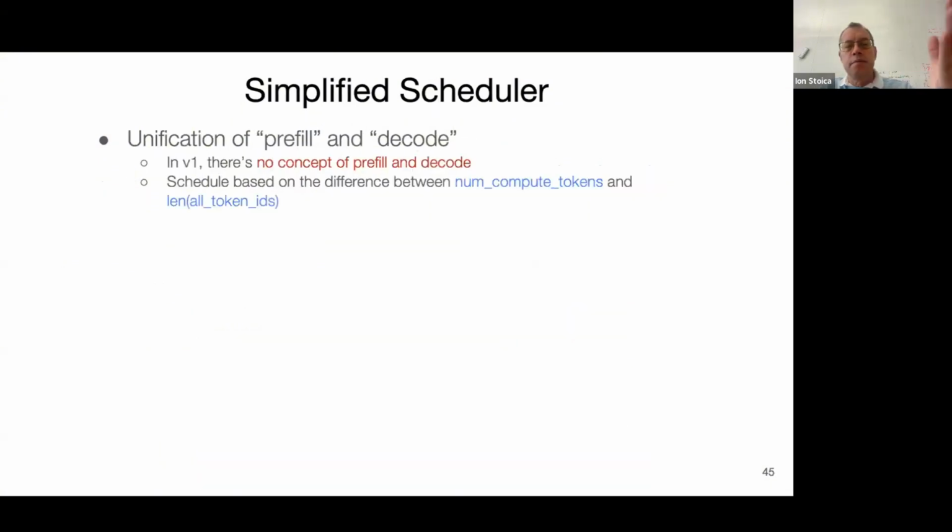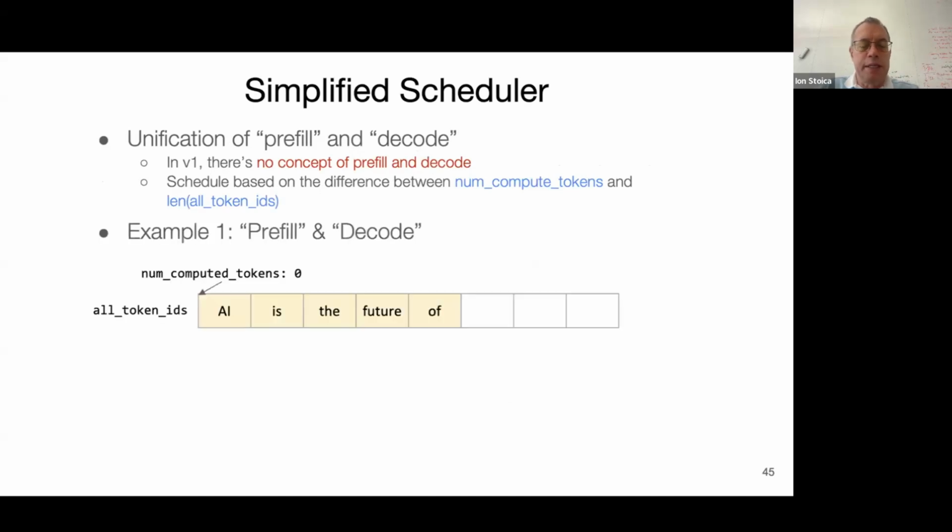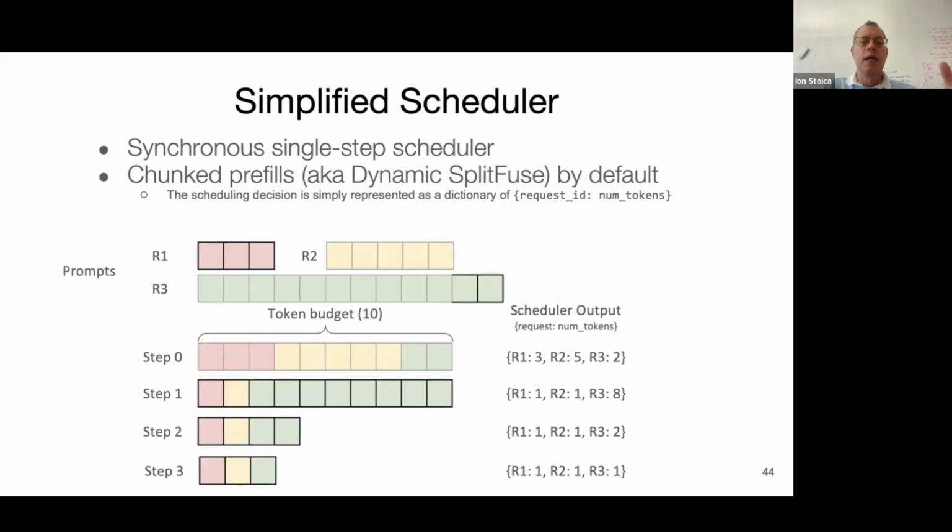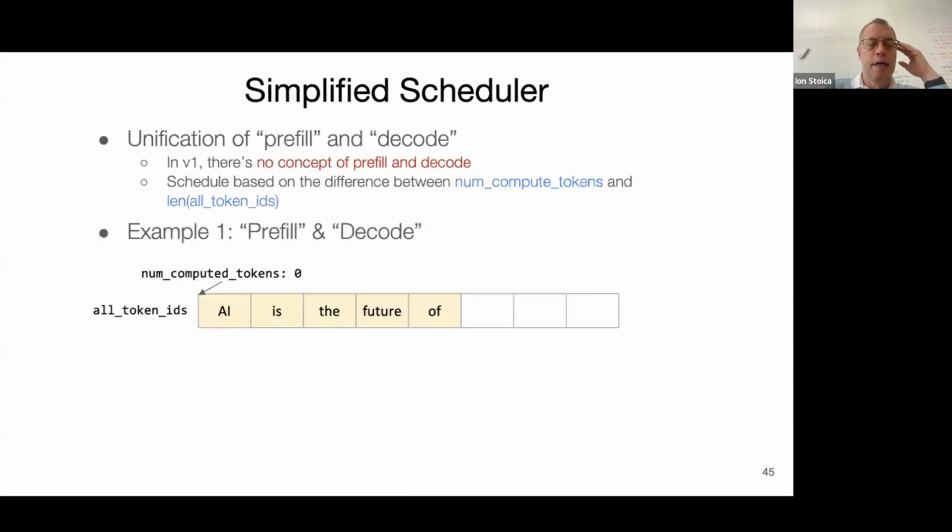What the new scheme provides is very simple. It's having only one construct. Before, you made the difference between prefill, decoding, and things like that. Here, there is no difference. The only thing you need to do is say how many tokens you are going to process, right? That's it.